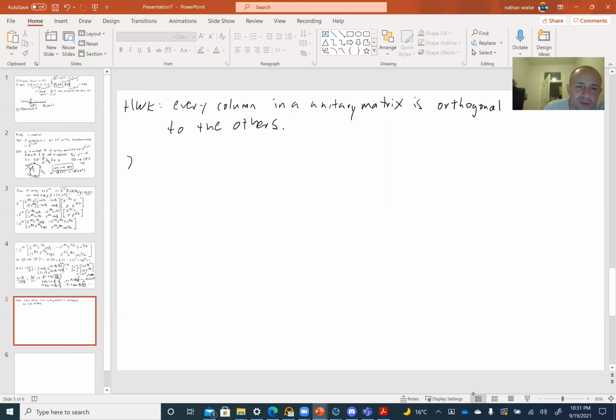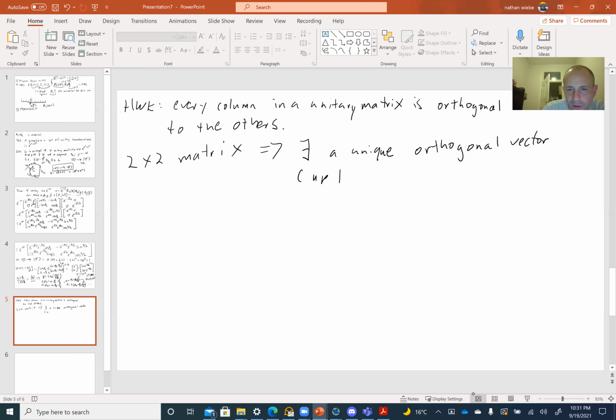Now, we have a 2x2 matrix here. And because it's a 2x2 matrix, this implies that there exists a unique orthogonal vector, again up to a scalar multiple, of A0 plus B1.